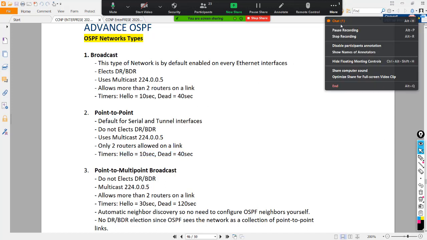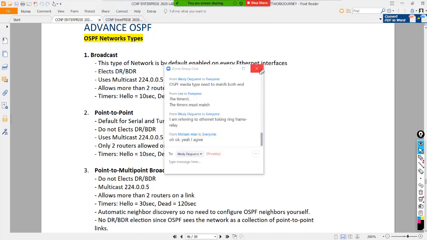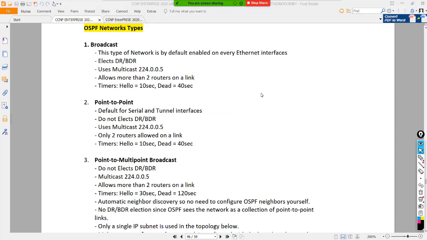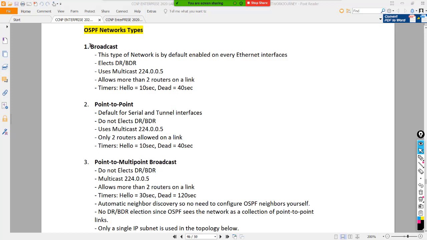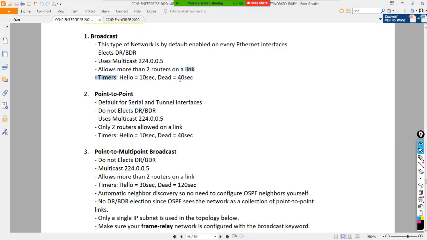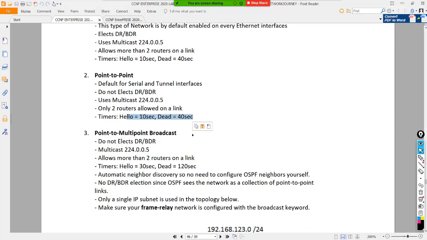So be prepared for all the silly types of questions, because you never know which point they are going to pick up. So these are the two very important things, and the main thing is election of DR and BDR, and in point to point there is no election of DR and BDR. With regards to timers, luckily they are the same, so we don't have to worry.